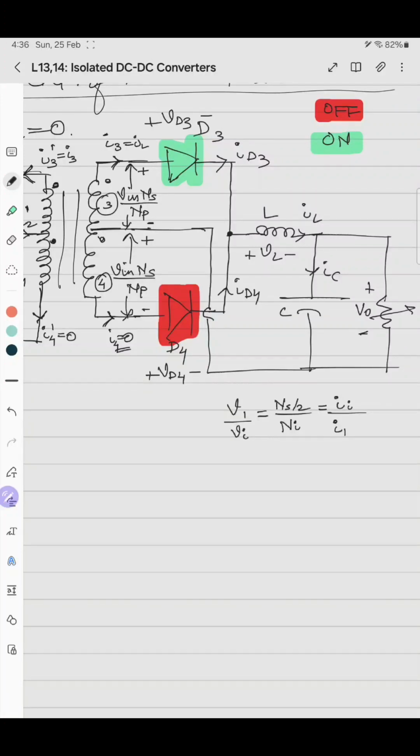Now everything is referred to primary side, so we'll write I dash and I1 dash. Therefore Vi will be V1 into Ni by Ns by 2, and I1 dash, or I dash.